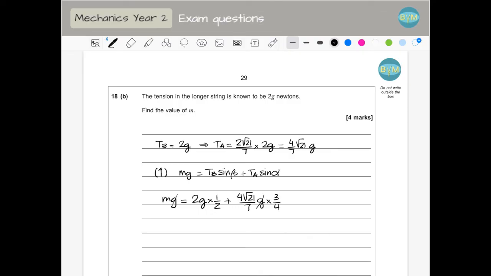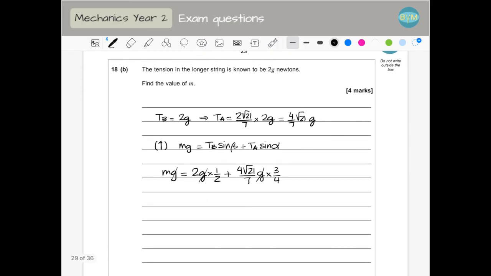We can cancel g and g, and we have that m is 1 plus 3 root 21 divided by 7. And if we do this with the calculator, you have 2.964 kilograms to 3 decimal places.